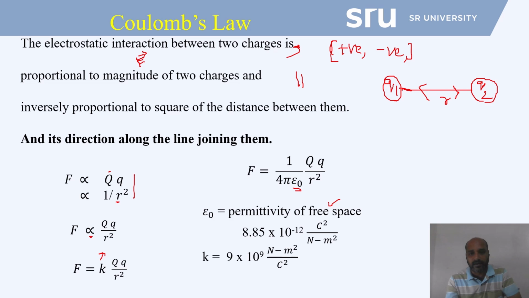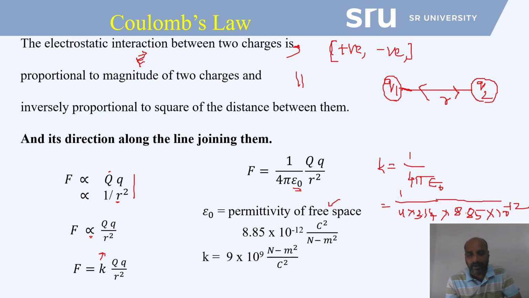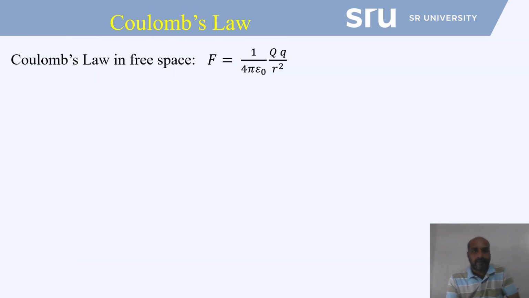If you substitute that, 1 by 4 into 3.14 into 8.85 into 10 to the power of minus 12 with units, this value is 9 into 10 to the power of 9 Newton meter square per Coulomb square. And this equation, we already said, is in free space. What does it mean? The two charges are placed in free space.